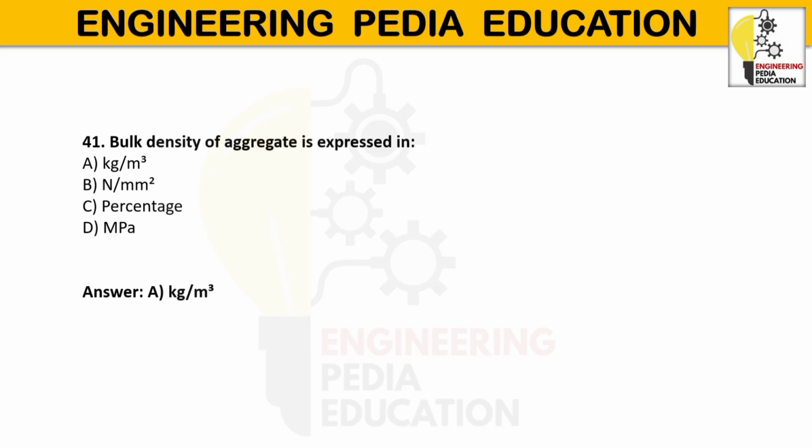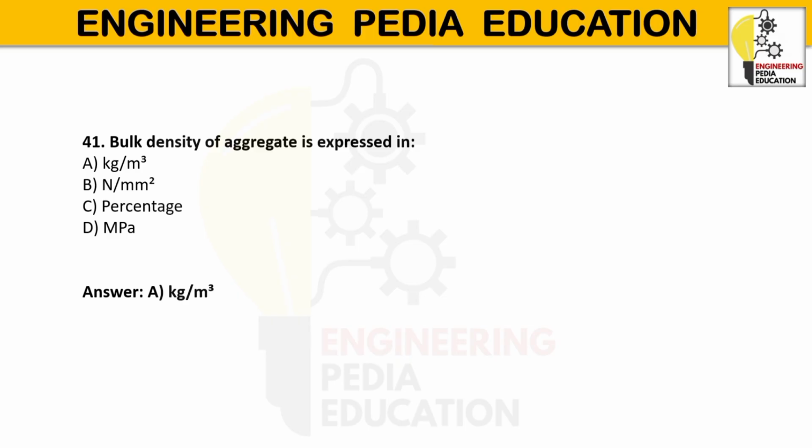Bulk density of aggregate is the mass of aggregate required to fill a unit volume of container, including the voids between the particles: mass of aggregate over total volume including voids. Loose bulk density is when aggregate is poured without compaction, and rodded or compacted bulk density is when it is compacted by tamping or vibration.